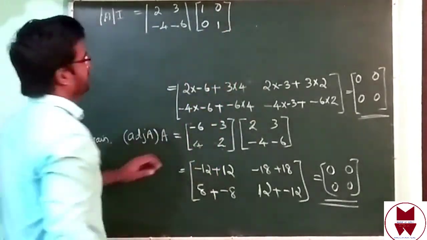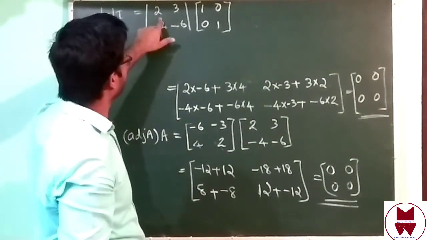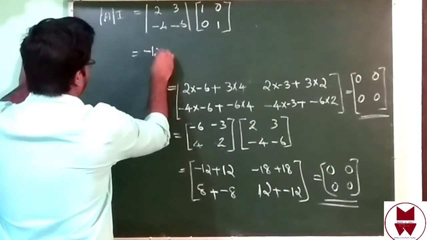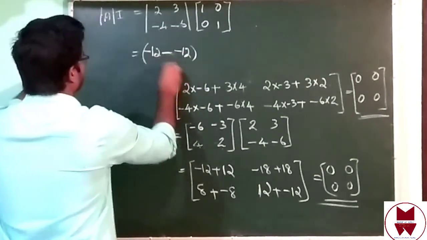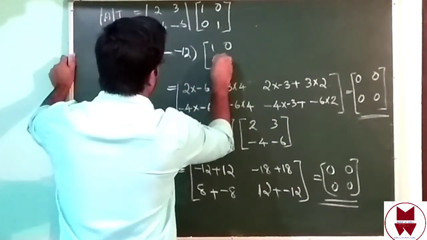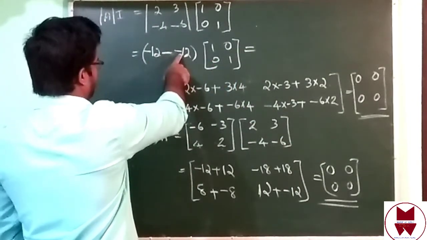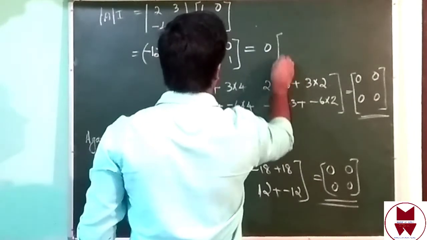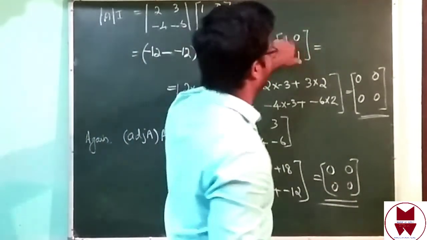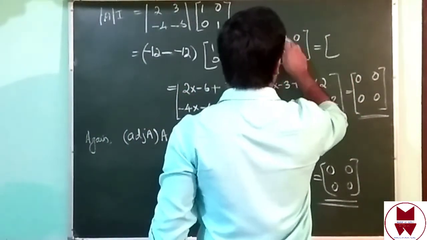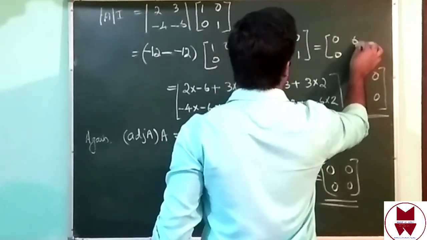Keep in mind, this is the identity matrix, 1, 0, 0, 1. Find the determinant of A: 2 into minus 6, minus 12, then minus 4 into 3, minus 12. Minus 12 minus minus becomes plus, minus 12 plus 12, 0. Using 0, multiply all the elements. You will get 0 into 1, 0, 0 into 0, 0, 0 into 0, 0, 0 into 1, 0.